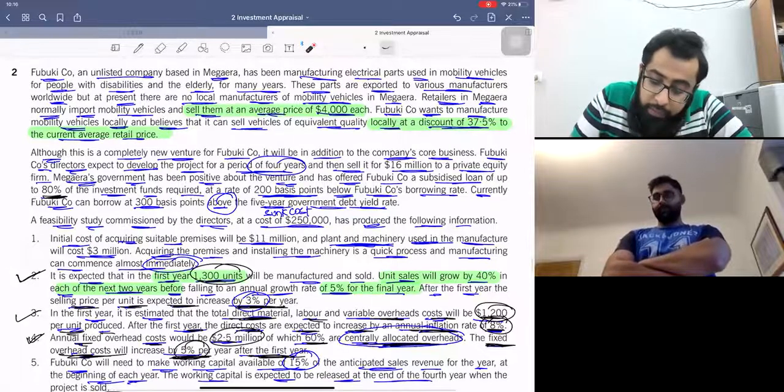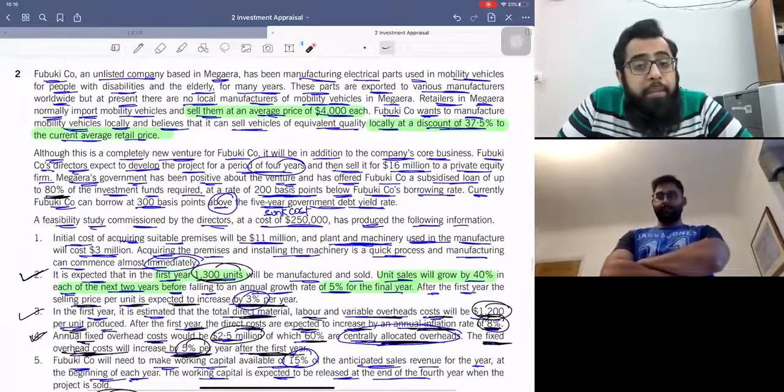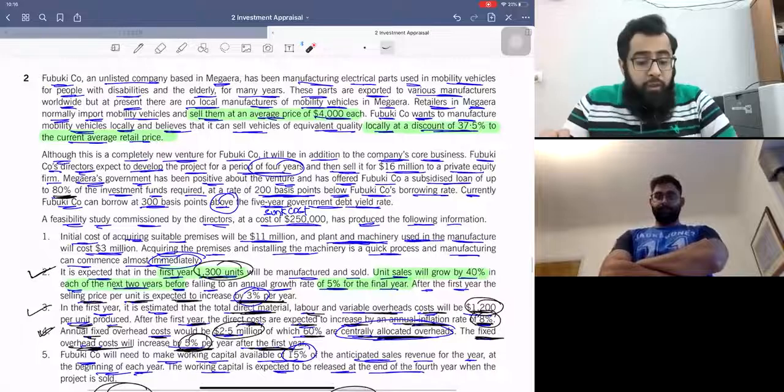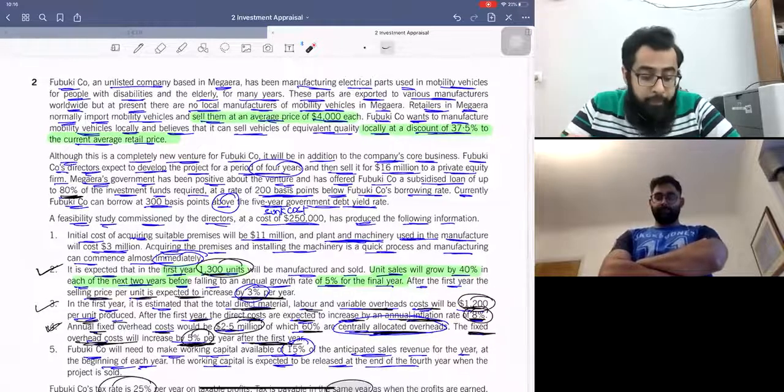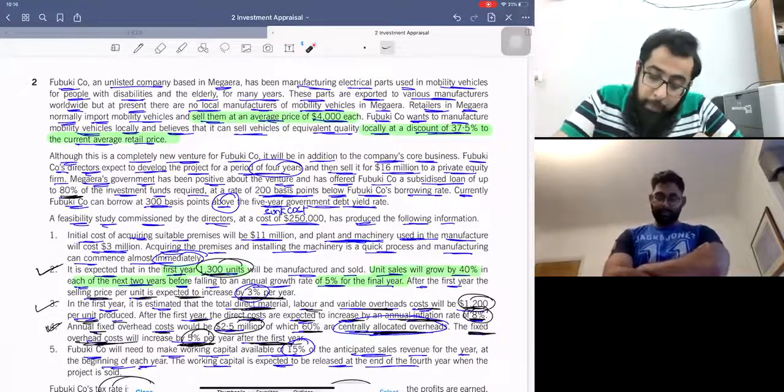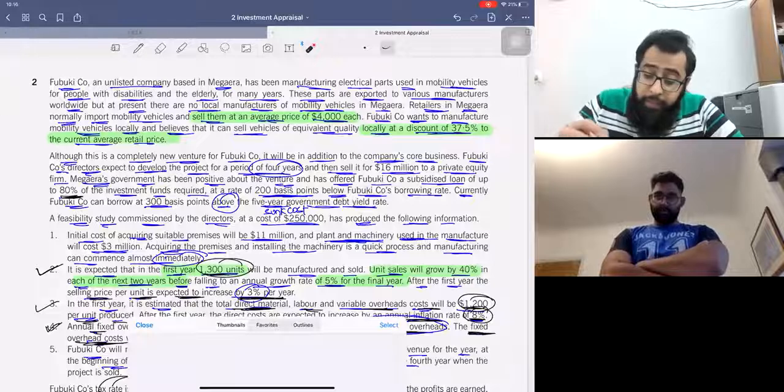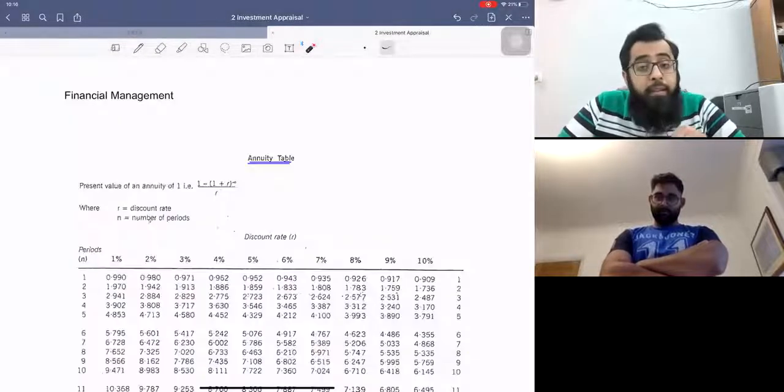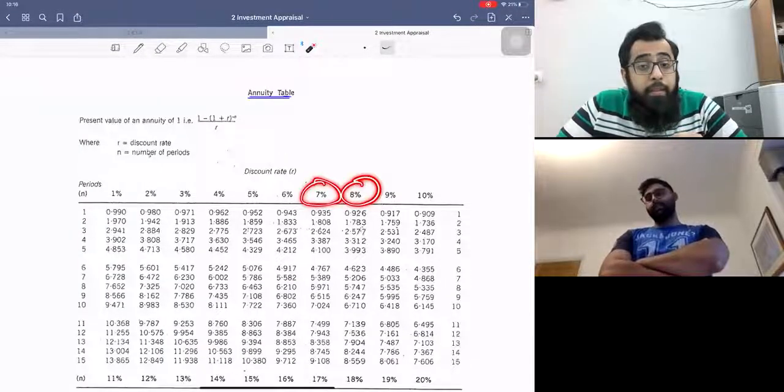Now, how to get the annuity factor at 7.5%? Obviously, now we have to use the formula of the annuity factor. In the table we can get either 7 or 8; we cannot get 7.5%.